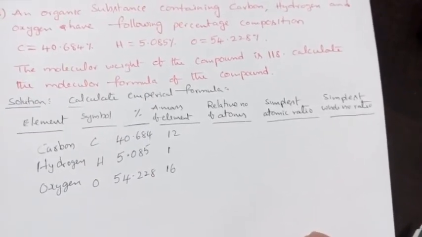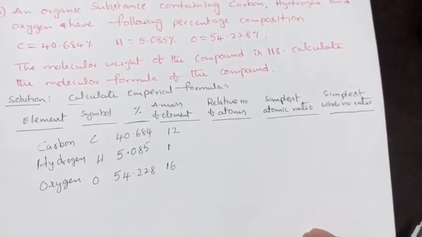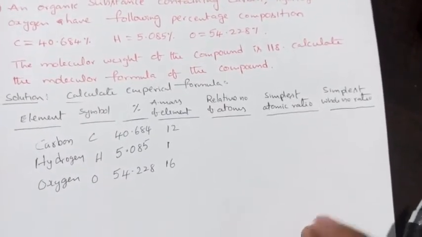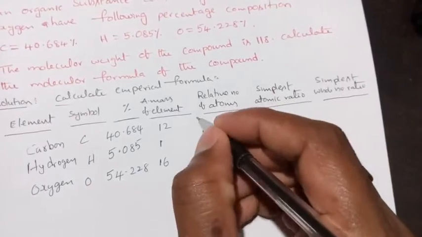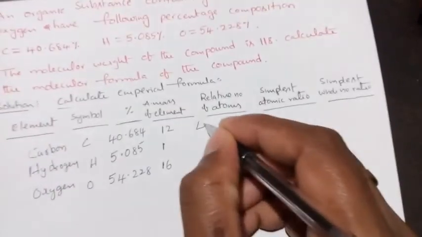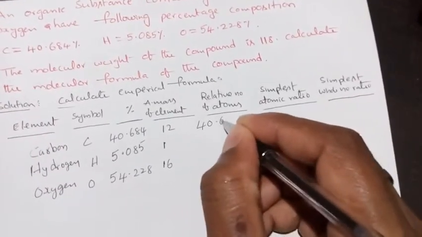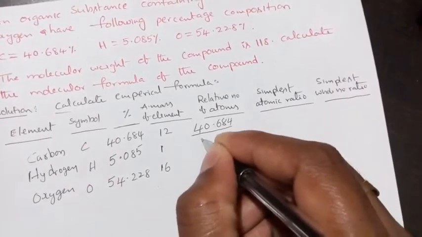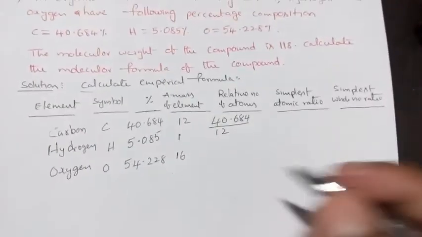To find the relative number of atoms, the formula will be percentage composition by its atomic mass. So here, for carbon it will be 40.684 by 12.